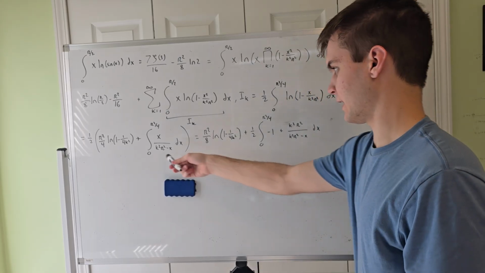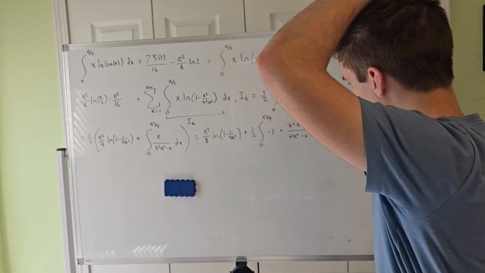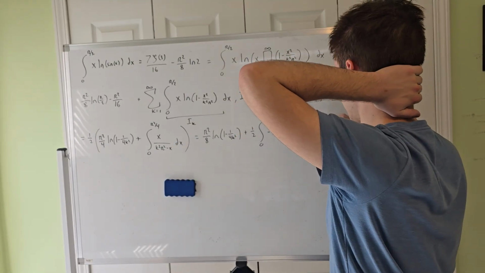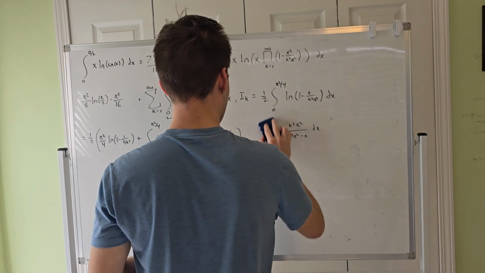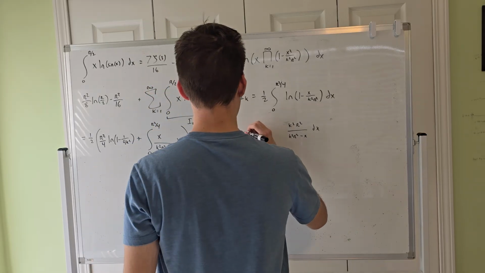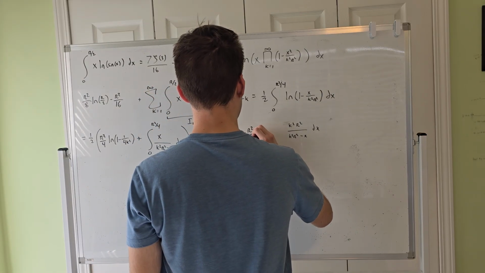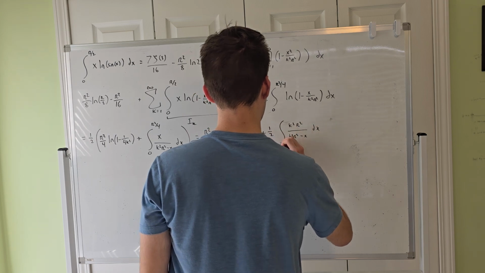That's just splitting this, adding and subtracting k squared pi squared. And this will give us minus pi squared over 8, and then plus 1/2 of this integral.